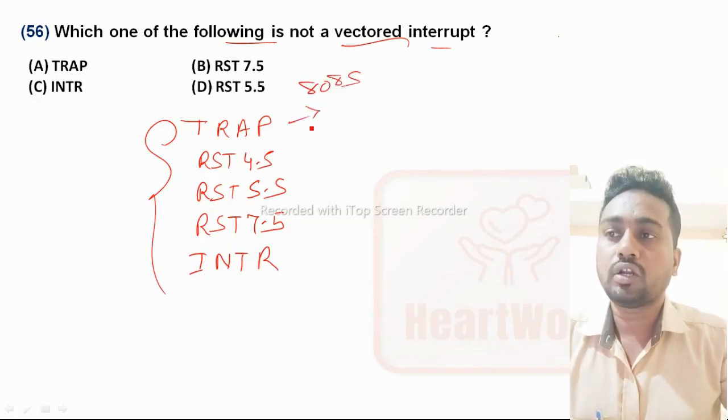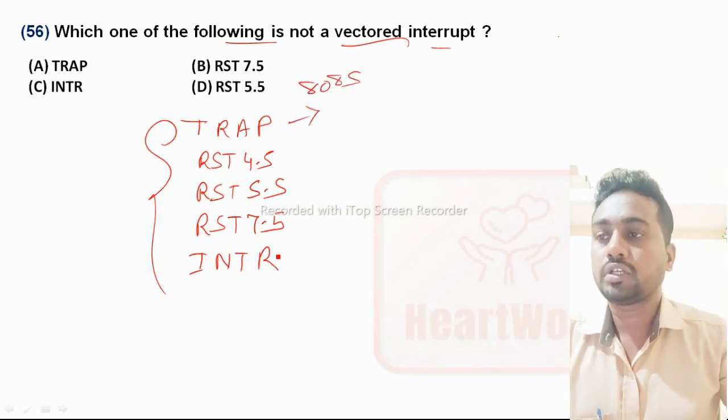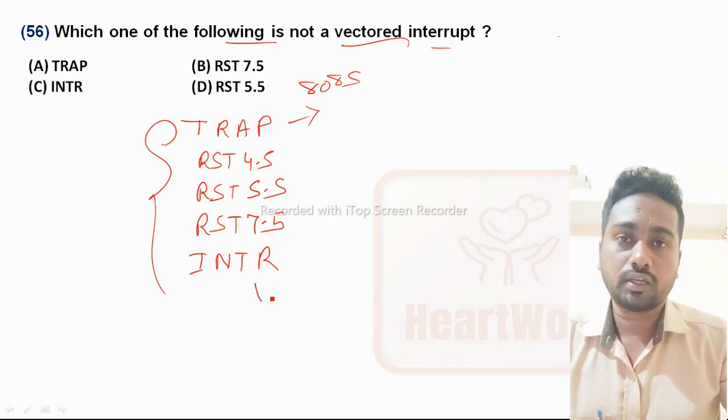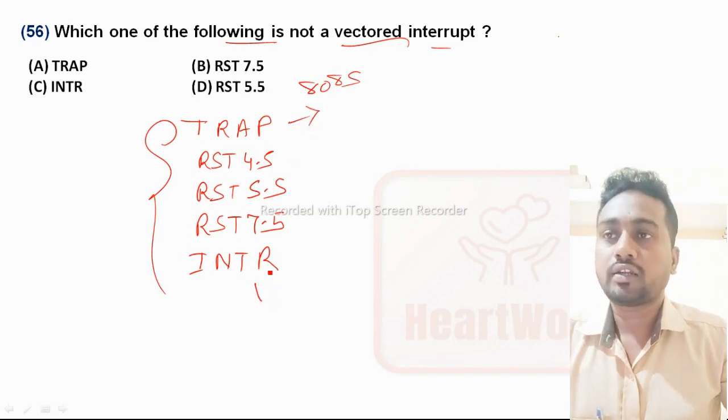TRAP is called the highest priority interrupt signal. INTR is called the lowest priority interrupt signal. So what does vectored interrupt signal mean?